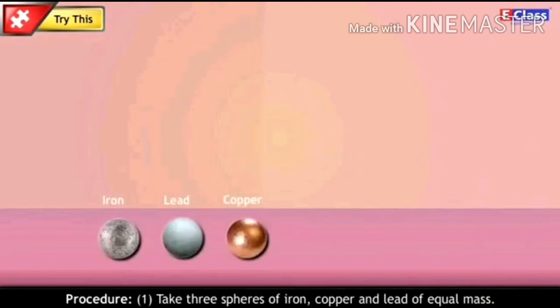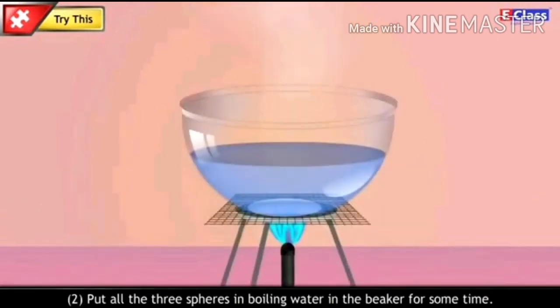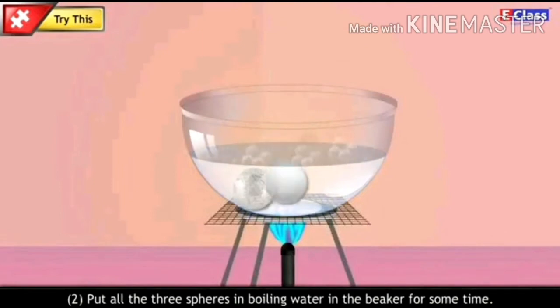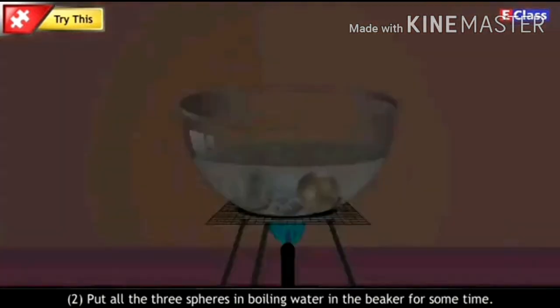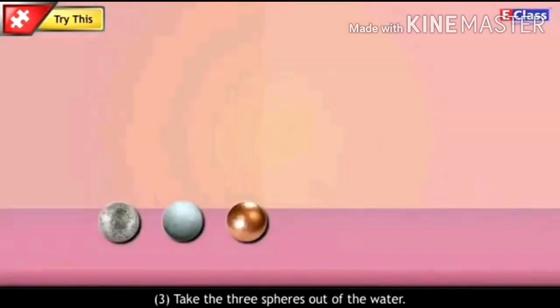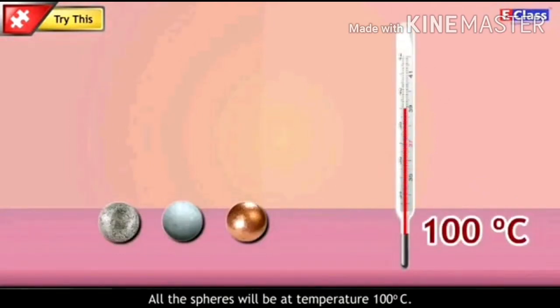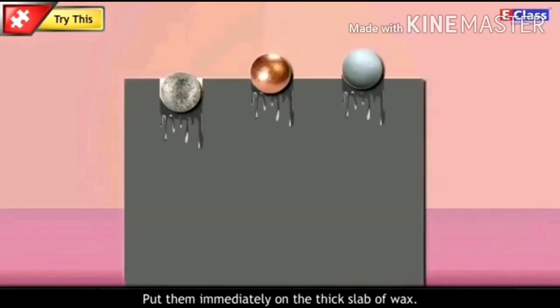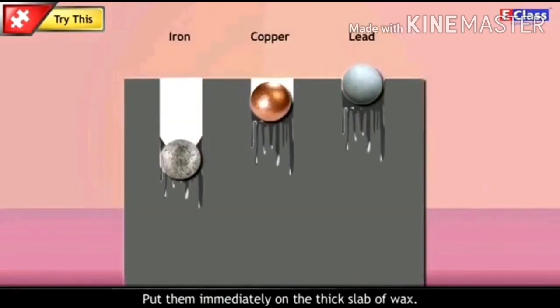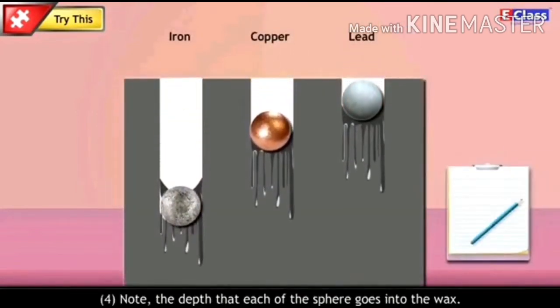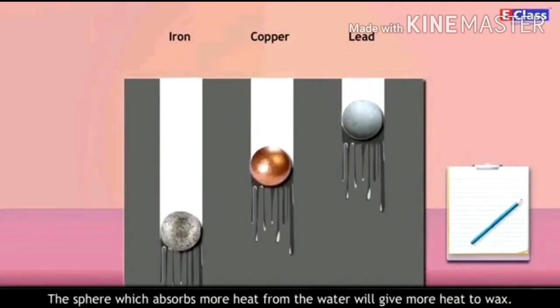Procedure: take 3 spheres of iron, copper and lead of equal mass. Put all the 3 spheres in boiling water in the beaker for some time. Take the 3 spheres out of the water. All the spheres will be at temperature 100 degrees Celsius. Put them immediately on the thick slab of wax.